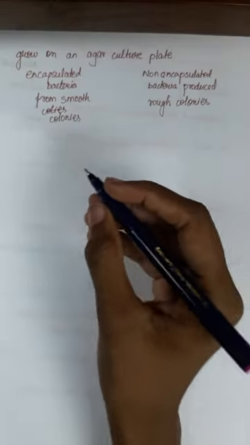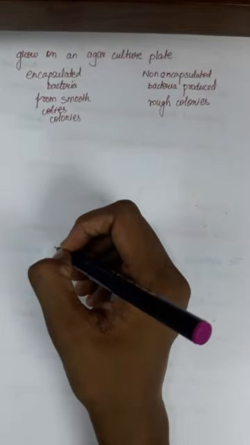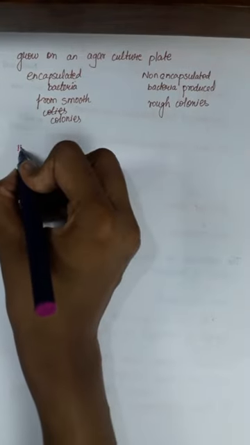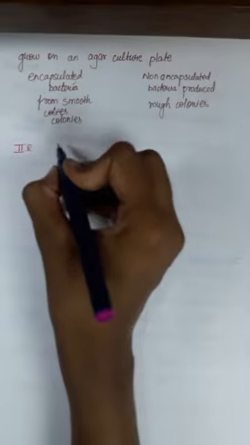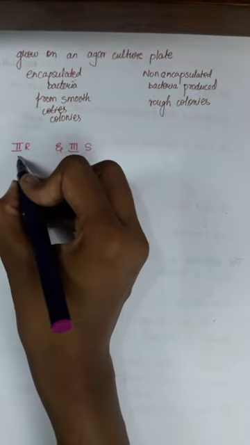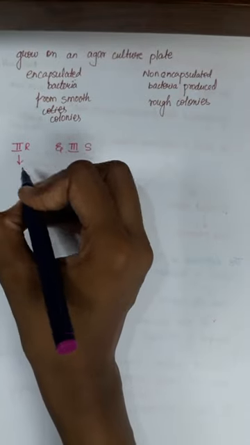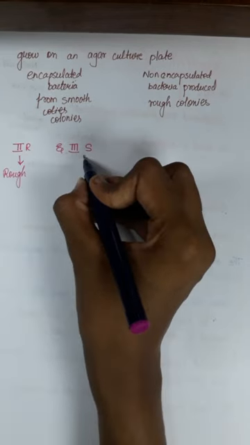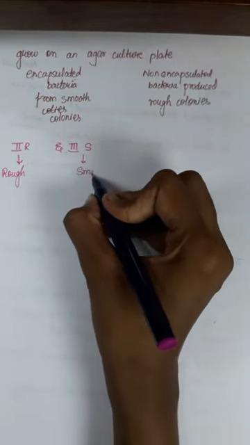So each strain of Diplococcus pneumoniae has a different serotype. He used two different strains, that are 2R and 3S. The R is rough in morphology and the S is smooth in morphology.